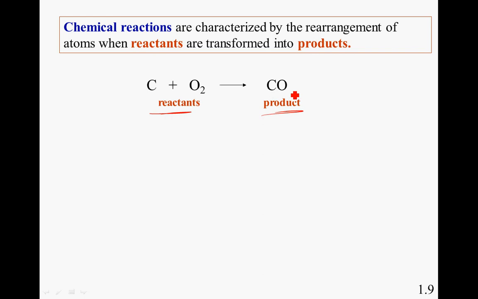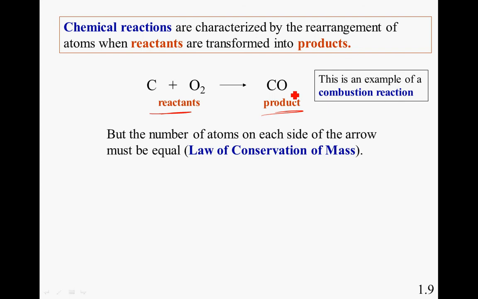We put numbers in front of the compound to even these atoms out. The compound is multiplied by these numbers. If we look at the example on the screen, we have to put a 2 in front of the carbon monoxide because of the oxygen here.